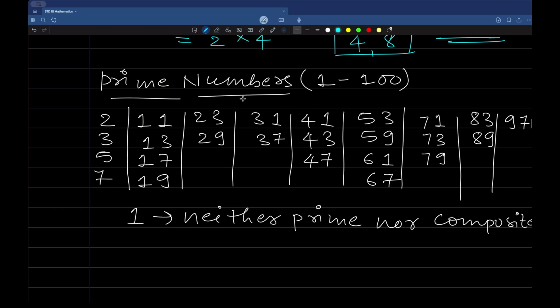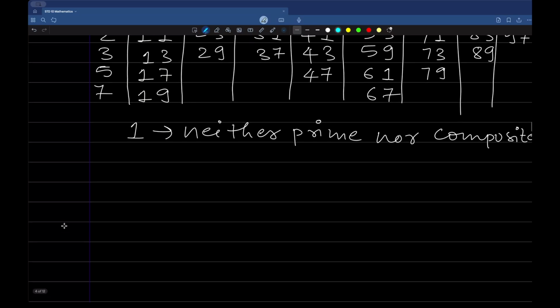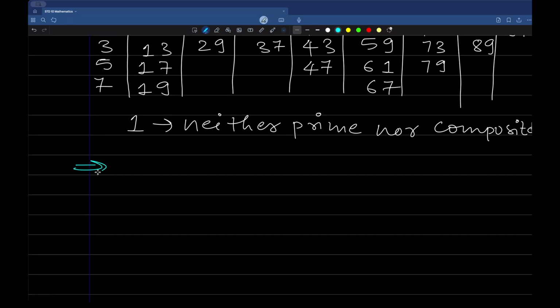Now let's discuss composite numbers. Composite numbers are those numbers that have more than 2 factors.